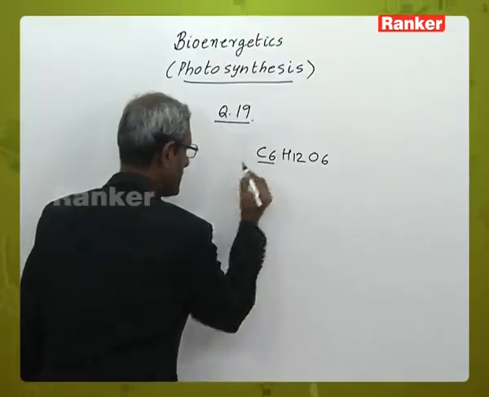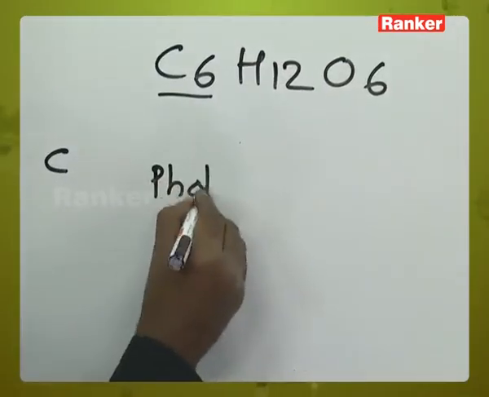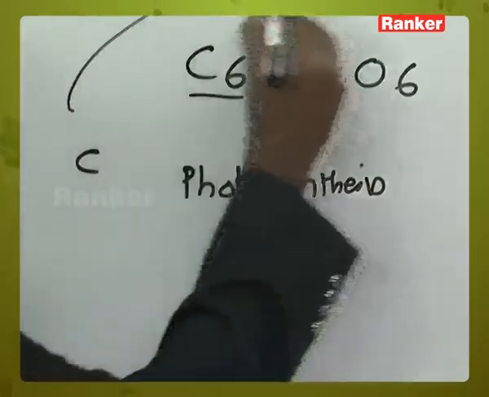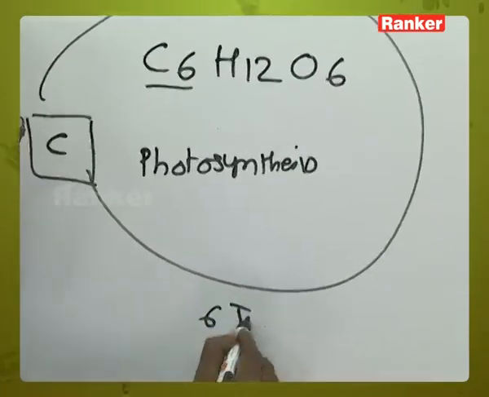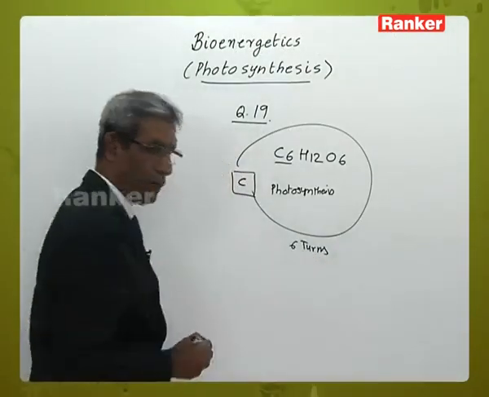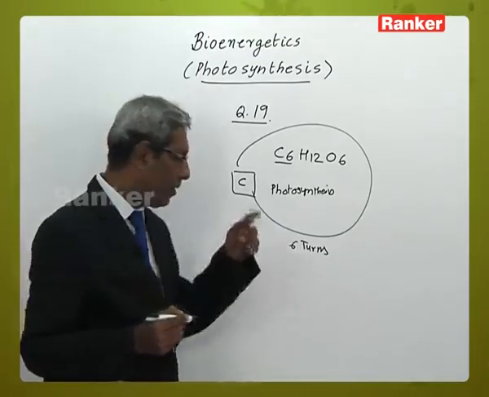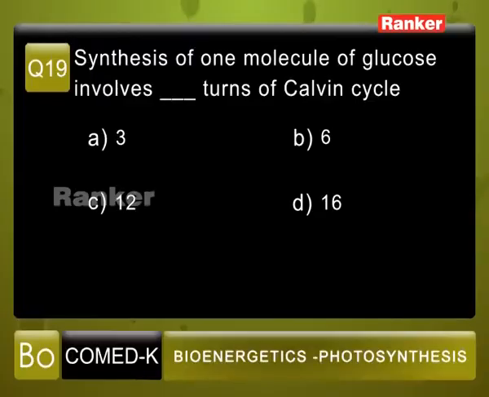So, in order that we get 6 carbons, the carbon which enters by photosynthesis has got to go through at least 6 turns. The dark reaction primarily involves 6 molecules of carbon getting converted to form a C6. Hence, it involves 6 turns. So, the right answer is B, which indicates 6 turns.